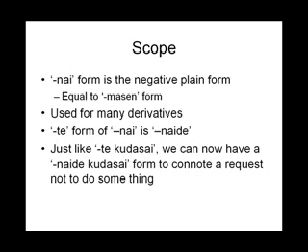In practice, the nai form is used for many derivatives and hence is of greater interest than the polite form. The te form of the nai form is the naide form. So just as we have the te form kudasai as a request for doing some action, the naide kudasai is used for requesting not to do something.